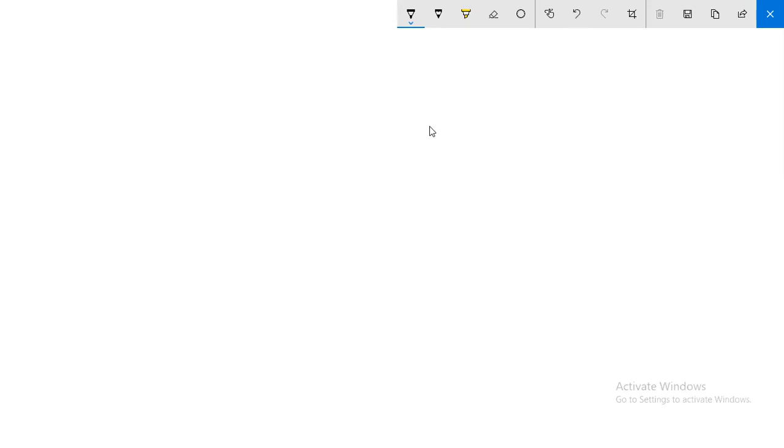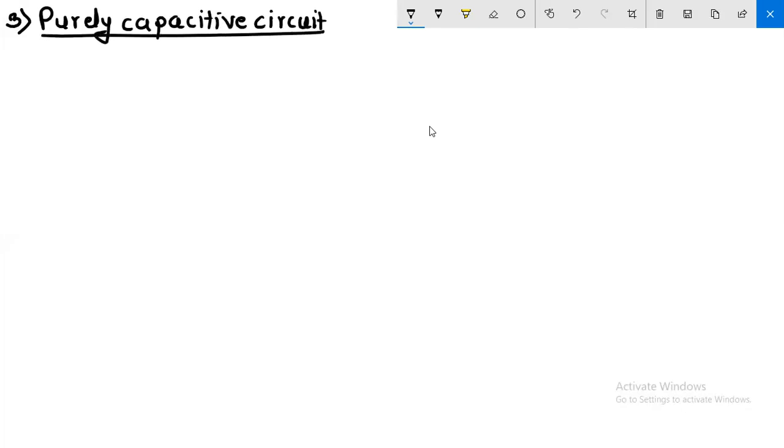And now today we are going to see the third and foremost important part, that is the purely capacitive circuit, or you can say AC through pure capacitance.